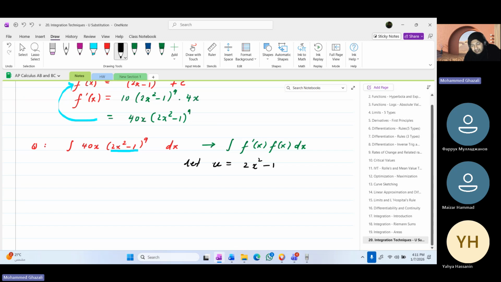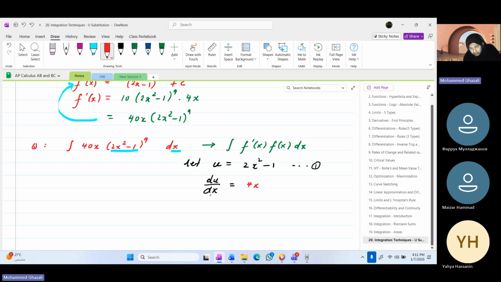You need to find the derivative of u, so you say du dx. This is equation 2, because what you are basically doing is transforming this integral from dx to du. So du dx is 4x.